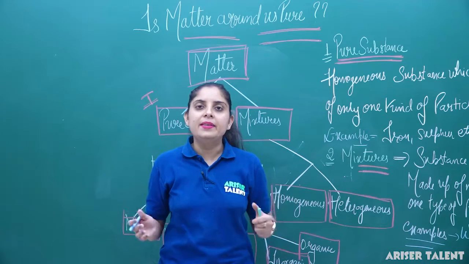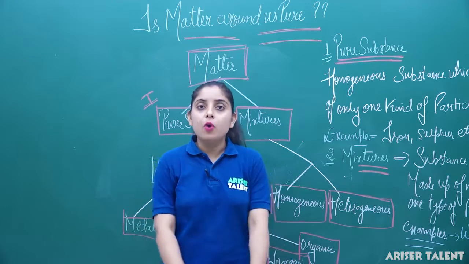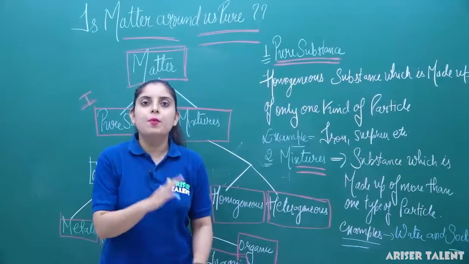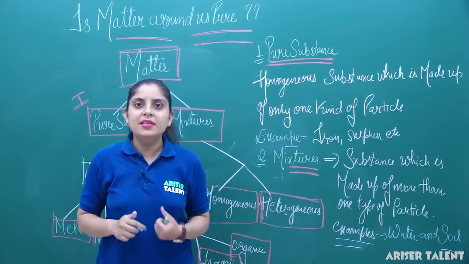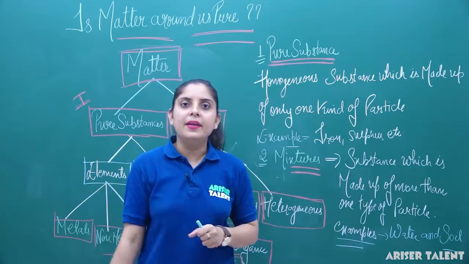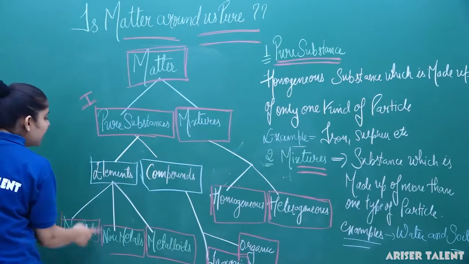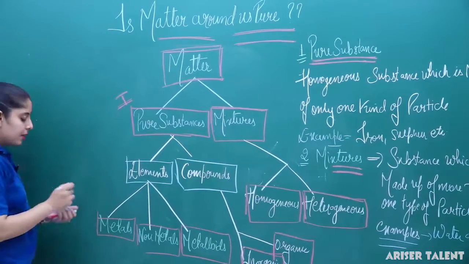If you want to separate them, it won't be possible to separate them easily. Suppose I am talking about O2, O2 is made up of O atom and O atom. It means it is the same kind of atom, but it is not possible to separate this component. Clear?